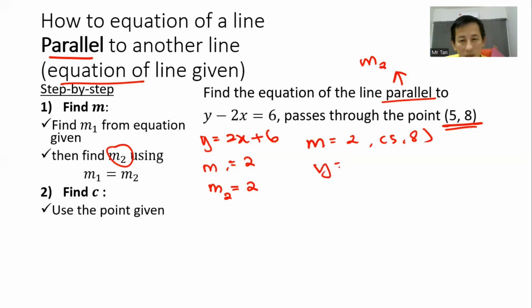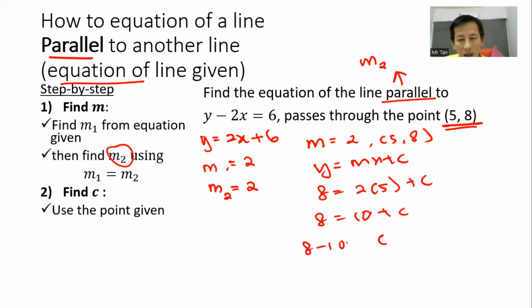So y equal to mx plus c. Your y is 8, your m is 2, your x is 5, plus c. So 8 equal to 10 plus c. Therefore, your c equal to 8 minus 10, that will give you negative 2. Therefore, your equation is y equal to 2x minus 2.